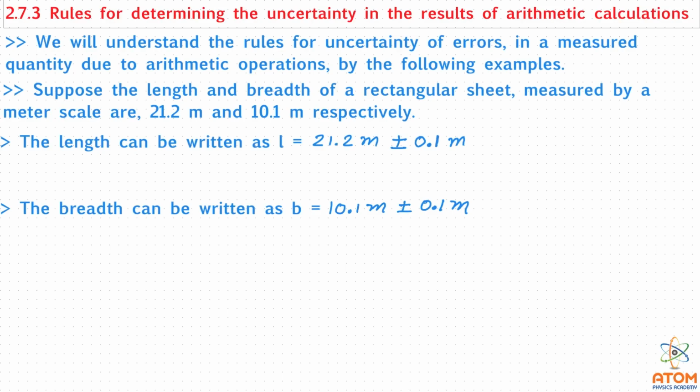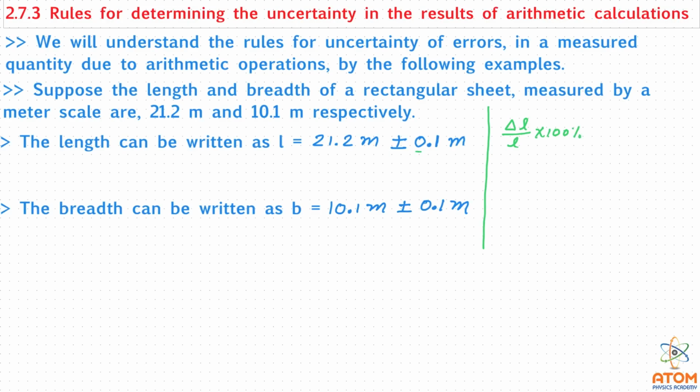Now this we can write again in the form of percentage error. How so? Let me show you. The percentage error for length will be delta L upon L into 100%, that we already know.